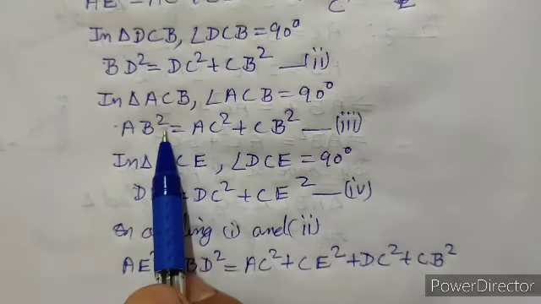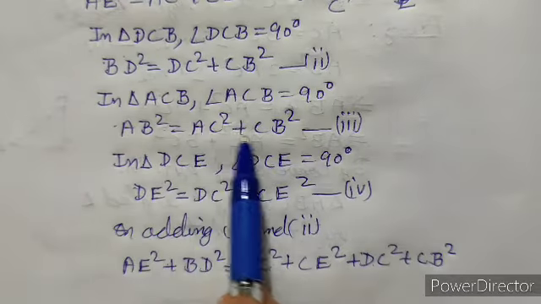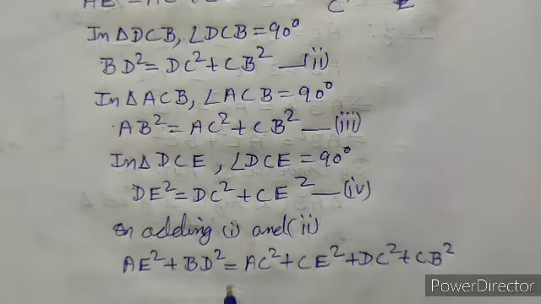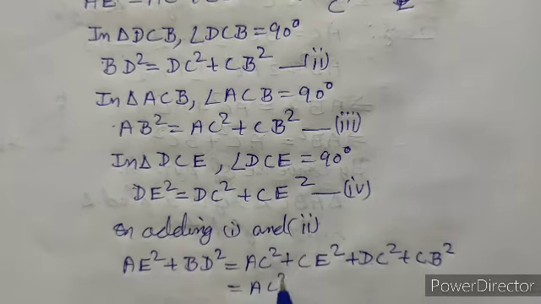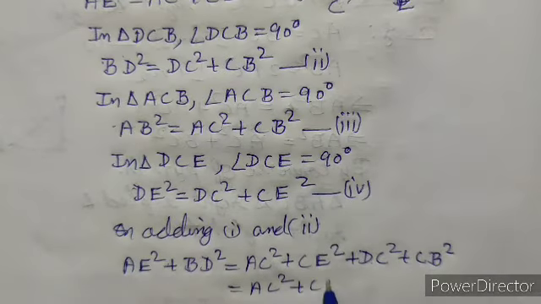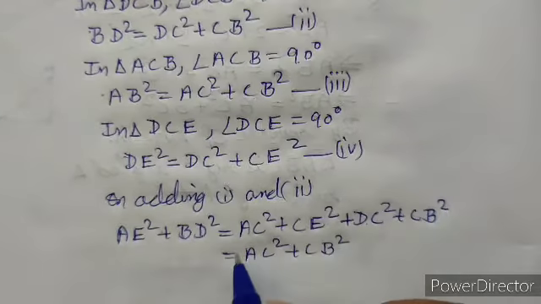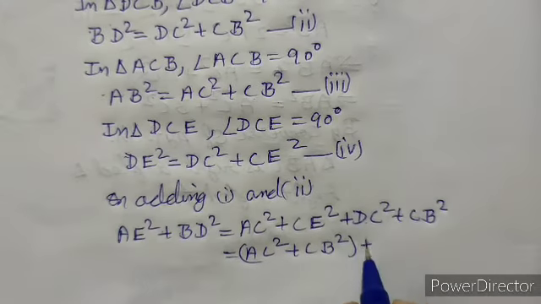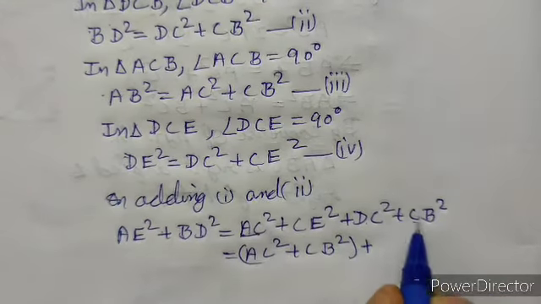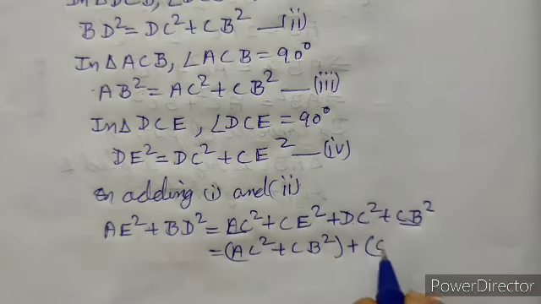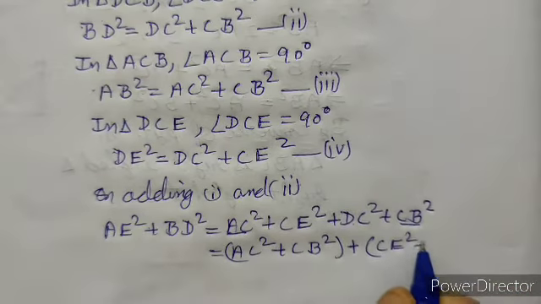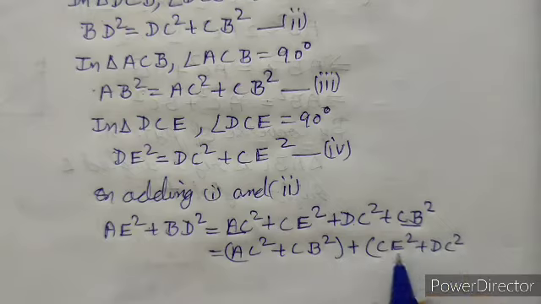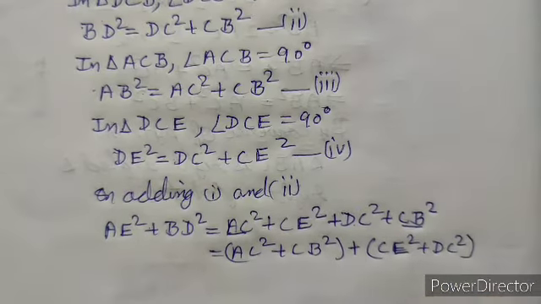As we know, AB square was equal to AC square plus CB square. So here we will write AC square and CB square together, and remaining CE square plus DC square with each other.